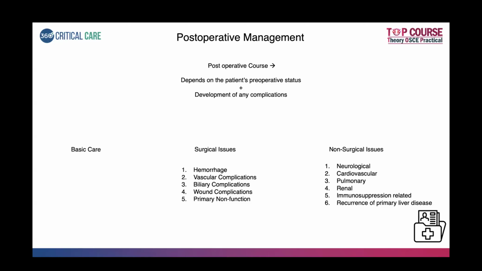For any recipient patient, whether renal, liver, lung, or cardiac, you have to assess the patient from the perspective of complications rather than how you see a normal ICU patient, because any small complication in a recipient is going to increase morbidity and can even lead to mortality if it is not picked up on time. That is why they keep emphasizing the importance of knowing about the complications and how to go about them.